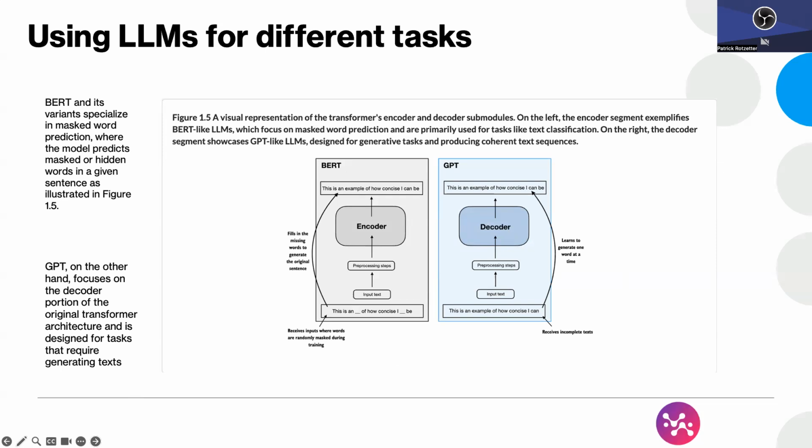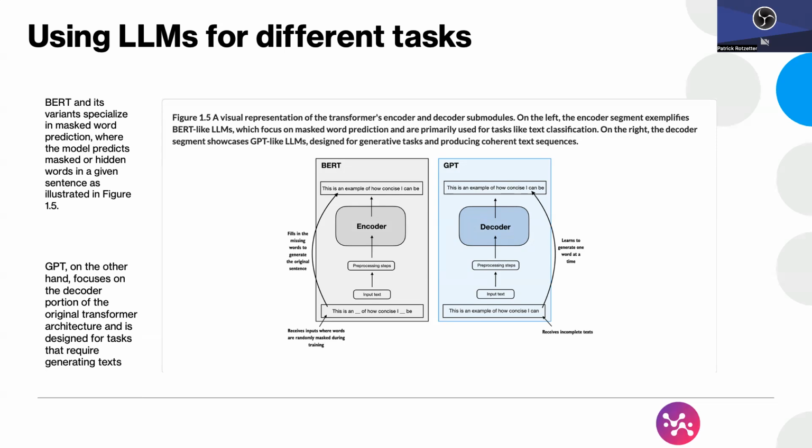Now, as I said, we have two key components: one is the encoder, one is the decoder. The encoder receives inputs, and how it's trained is quite important. The encoder receives inputs where words are randomly masked.